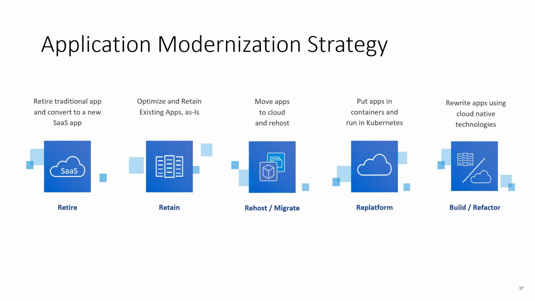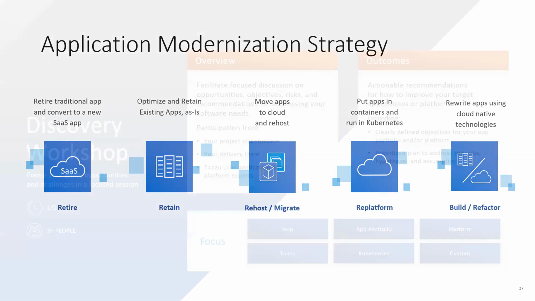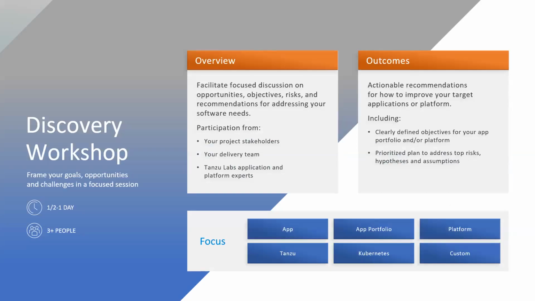So these are decisions that need to be taken based on analyzing each individual application, their business use case, and how they are helping, how critical they are in your environment. So basically, when it comes to the app modernization strategy, the first thing that we do is something we call a discovery workshop.